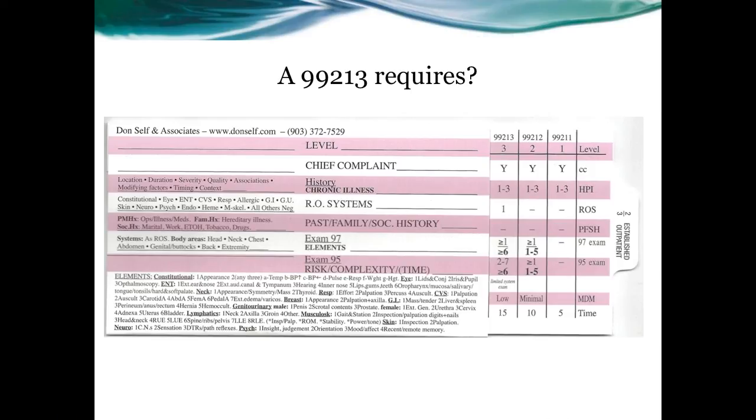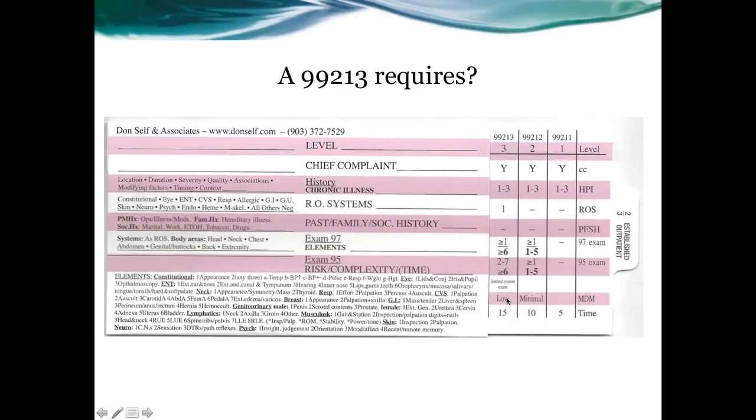Past family social history doesn't have to have any one exam element, one body area or system. If we're looking at a 97, 2 to 7 body areas if we're looking for systems if we're looking for exam 95s. Most of the time I'm using 97 when I'm auditing because I find that's more favorable to the type of clients I work with, family, internal medicine, geriatrics, by the way.